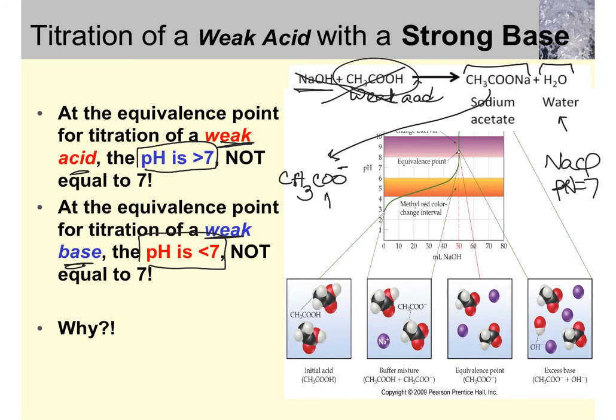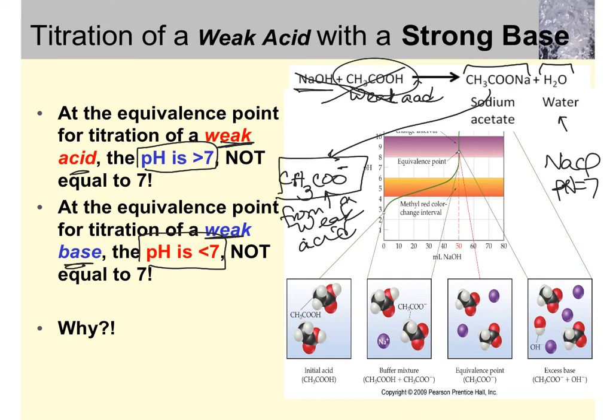Okay? Since this comes from a weak acid, that means it can affect the pH. So we learned this in the last unit, so it's going to be critical in this unit that you understand. So if you need to go back and review, then go back and review pH of salts.